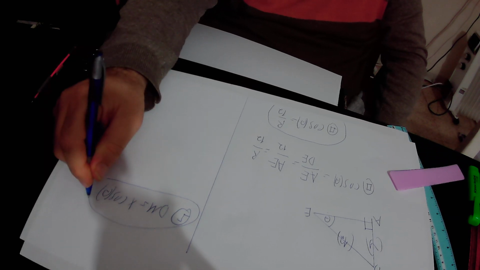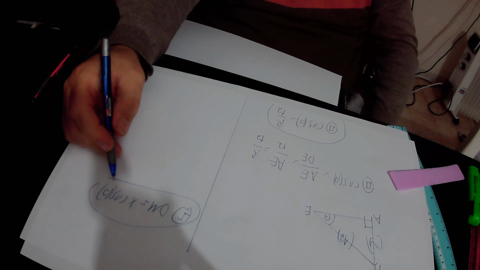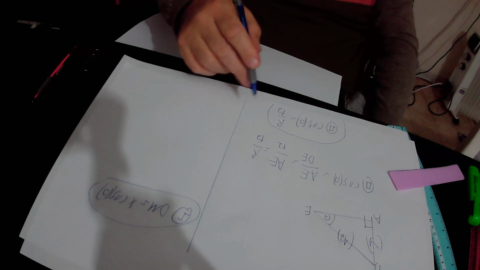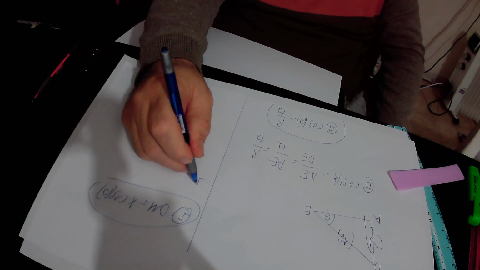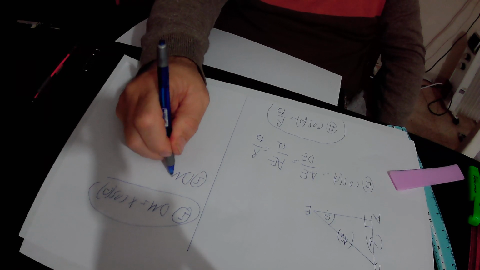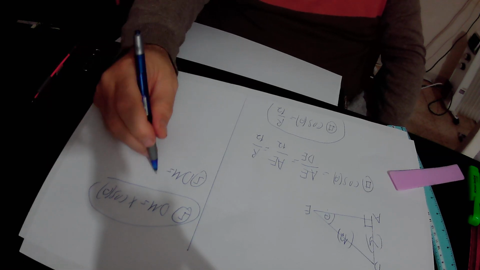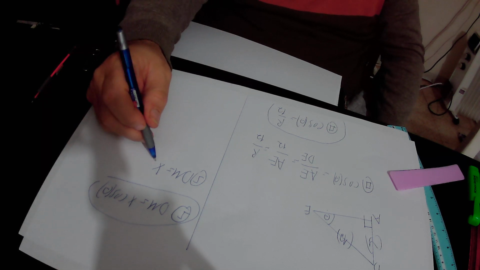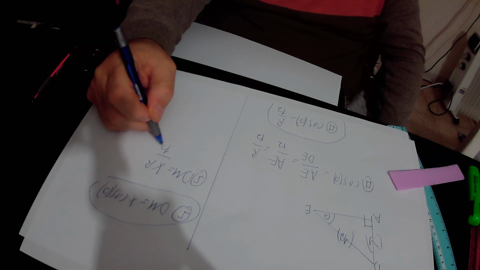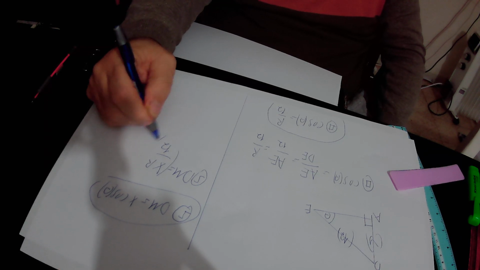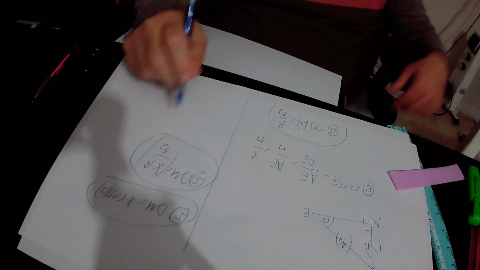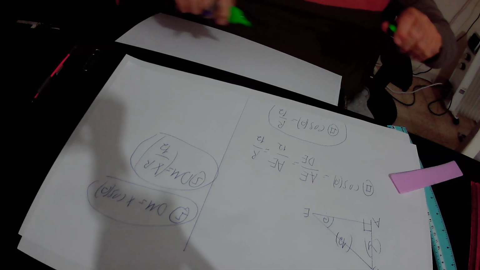So we can substitute cosine theta in equation 1 by R over 12 from equation 2. We'll do it now, and we get that according to equation 1, DM equals x times cosine theta, and cosine theta according to equation 2 is R over 12. So in conclusion, we found that DM equals x times R over 12.